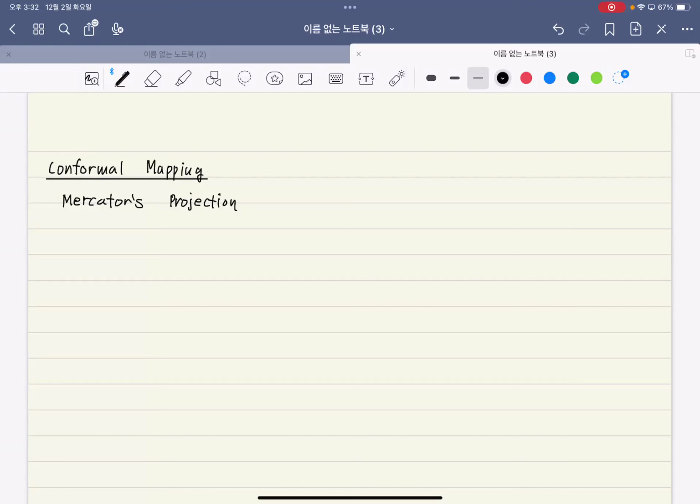So what is the most important and famous angle preserving map? I say that it's the Mercator projection, or in Korean, Mercator Dopa. Why was it so popular? In the 16th and 17th century, the Europeans really wanted to travel through the vast oceans, and the most important tool for ocean navigation was the compass.